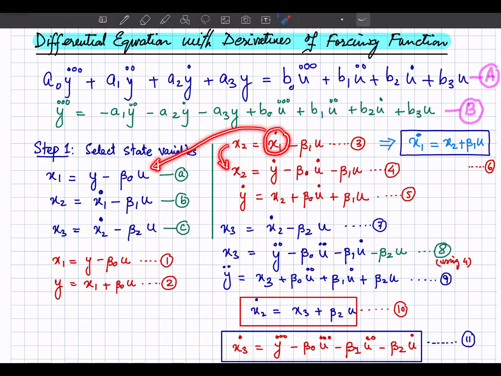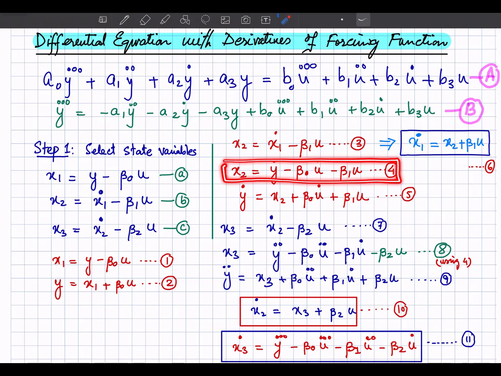So if I take the derivative of this one, so this will become x1 dot, this will become y dot, and this will become u dot. Beta naught is constant. So using this x1 dot over here, we can write down this equation like this, right? So this is y dot minus beta naught into u dot, and then taking this term from here, so we can define x2 with the help of this equation.